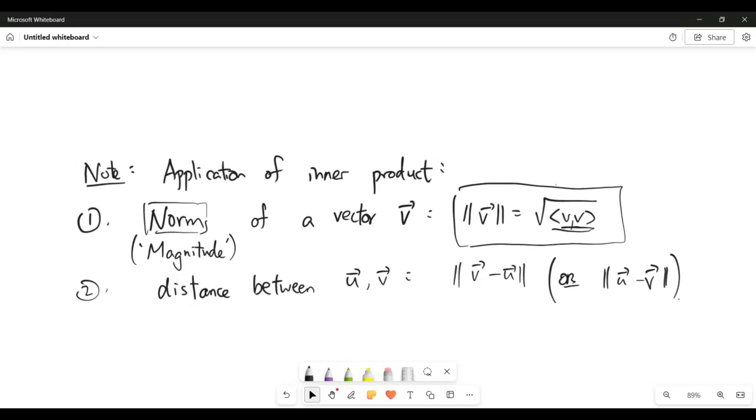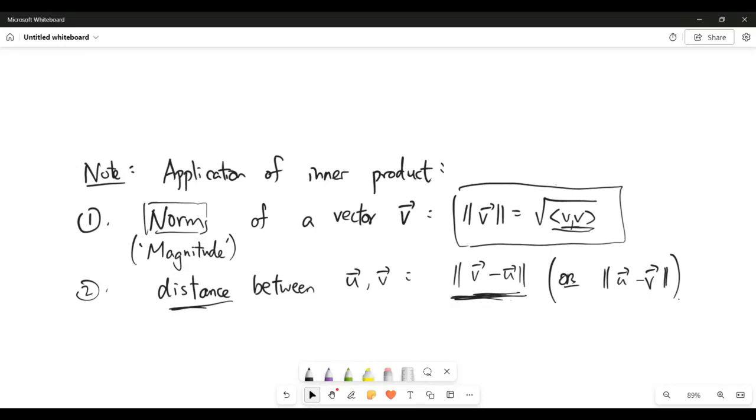But now we replace the dot product with the more general inner product based on our definition. And the second one, the distance between two vectors u and v, can be defined as the norm of the vector v minus u. Two things.